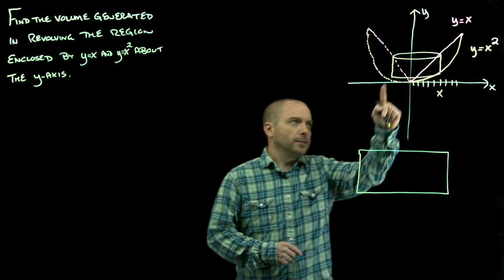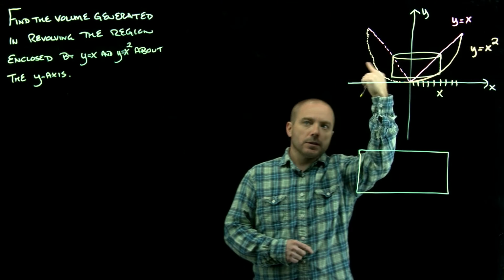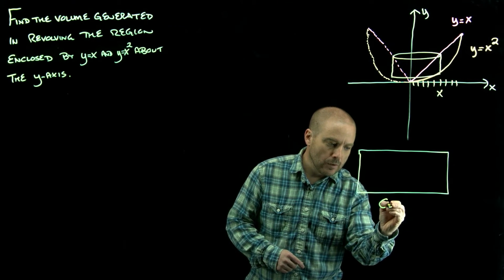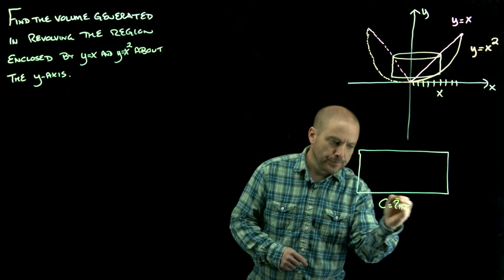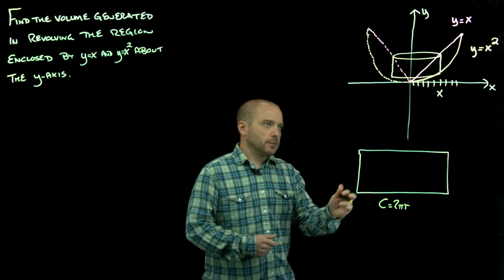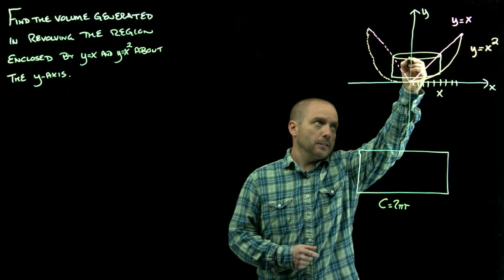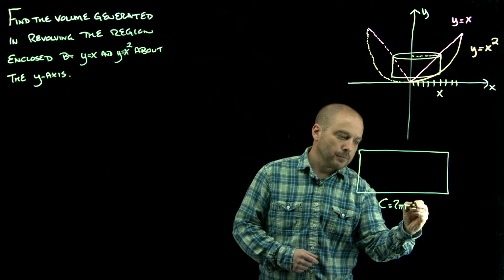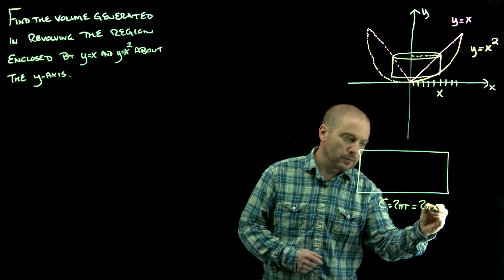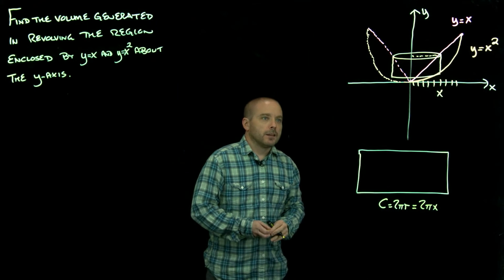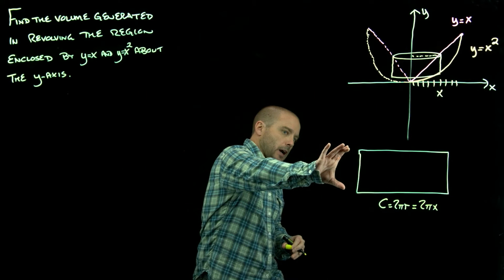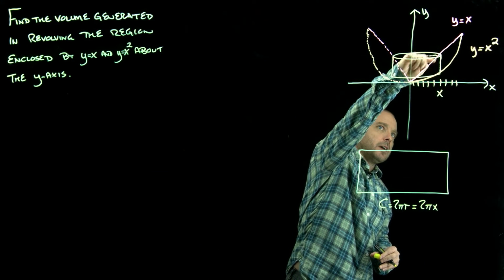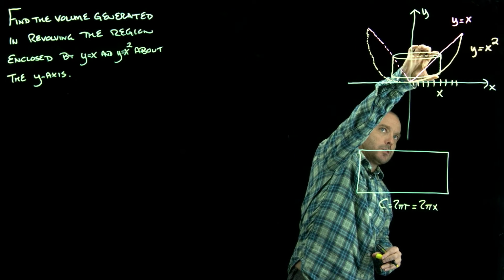Well, as always, this dimension is the circumference of that circle. Circumference is 2 pi r. The radius, this distance, is x. So again, that's just 2 pi x. But now this dimension, the height of this rectangle, is the height of that cylinder, and it's the difference between those two curves, right?